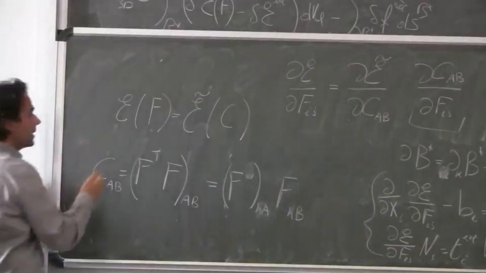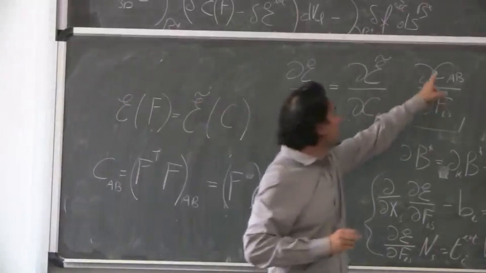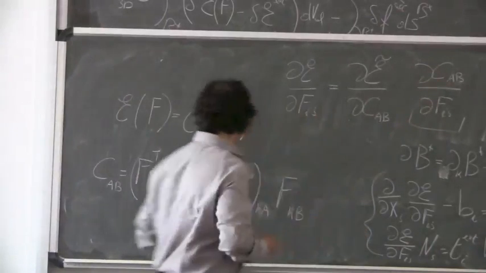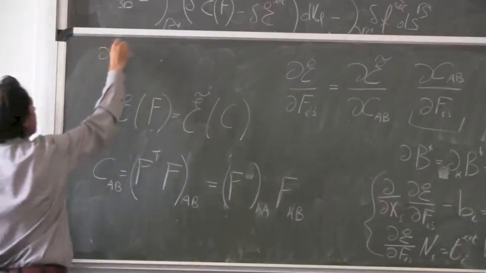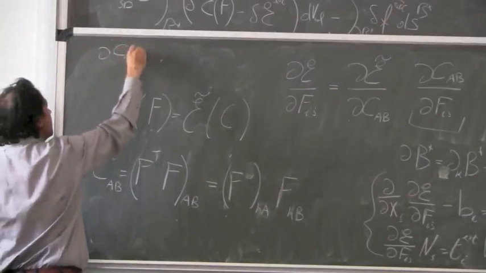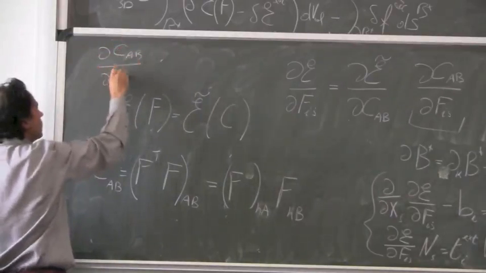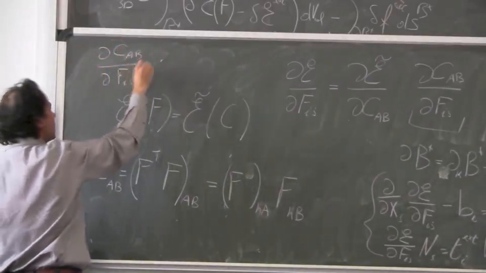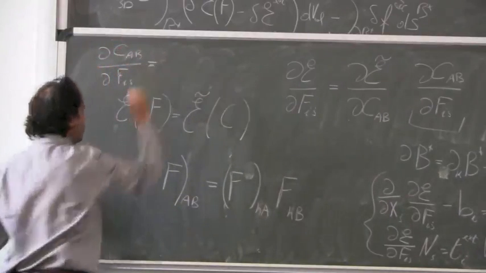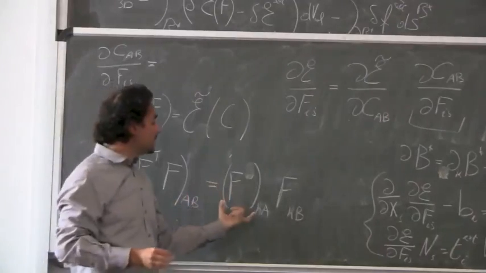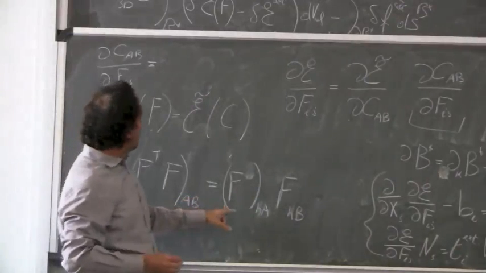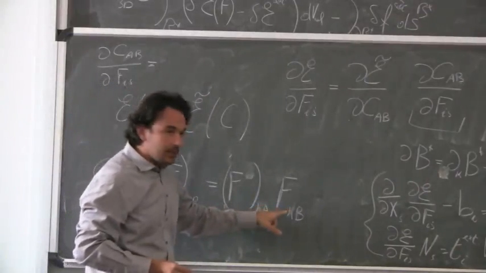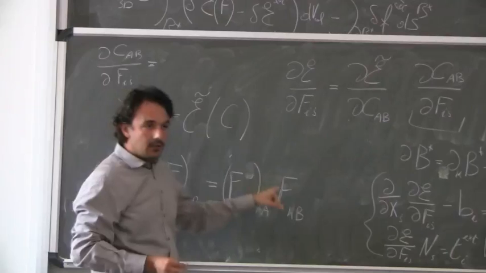Why do I say this? Because now I have to calculate the derivative of C AB with respect to Fij. This is equal to the derivative of this with respect to Fij multiplied by this, plus this multiplied by the derivative of this.